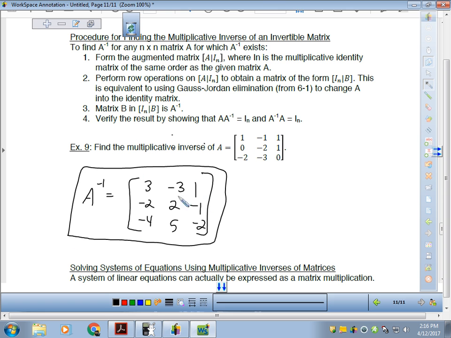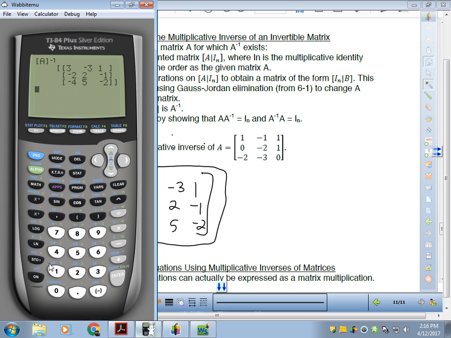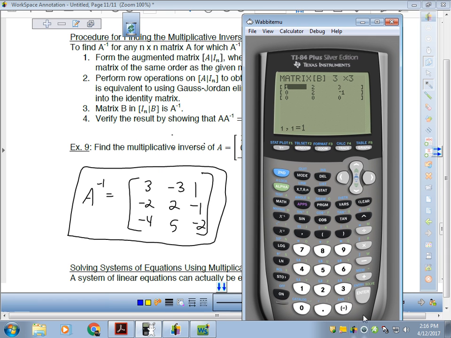Okay. Now you can test that you did it correctly because we can take this one and type it into our matrix B. So matrix B, make it be a 3 by 3, and just type in this answer that we got. 3, negative 3, 1, negative 2, 2, negative 1, negative 4, 5, negative 2.